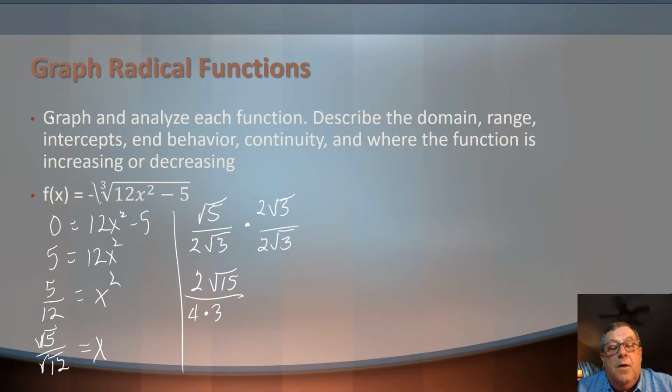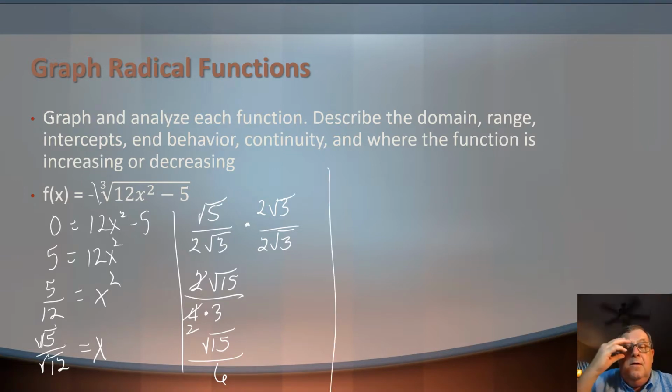So that's going to be 12, but I can do a little simplification here. I got a 2 and a 4. Simplify that. So my x-intercept then is going to be at square root of 15 over 6. Like I say, I thought it was going to be a strange number. So that's going to be my x-intercept, square root of 15 over 6.